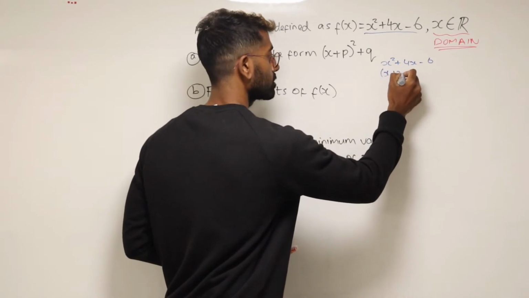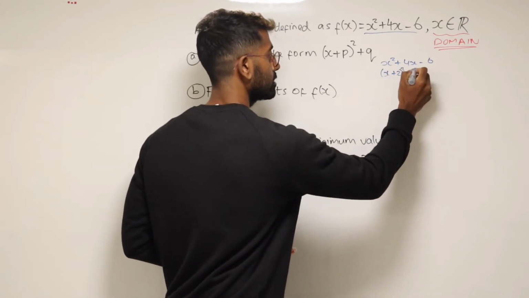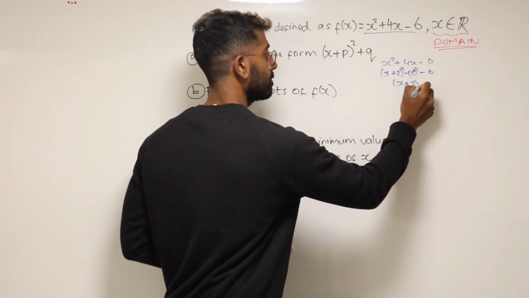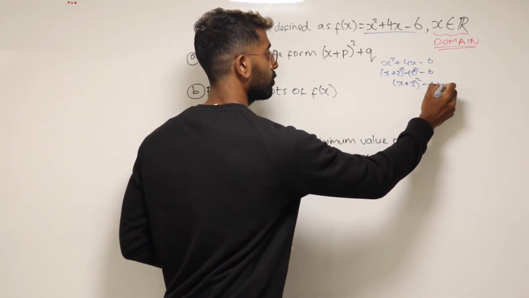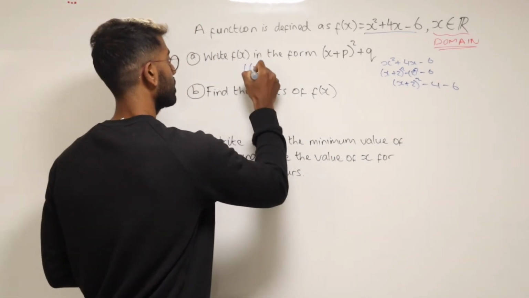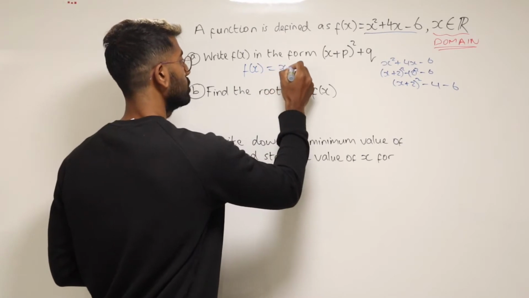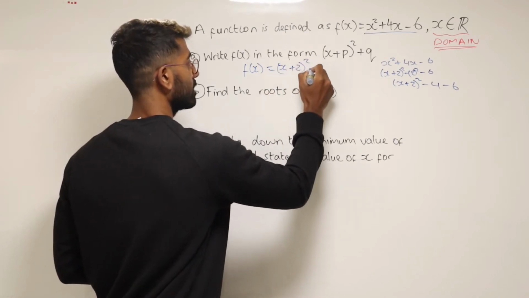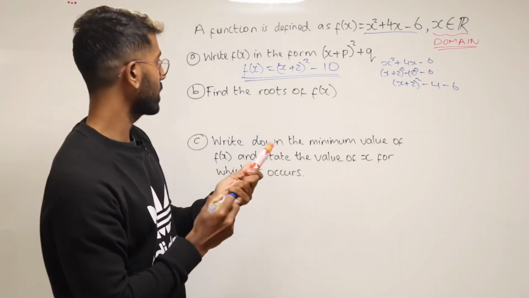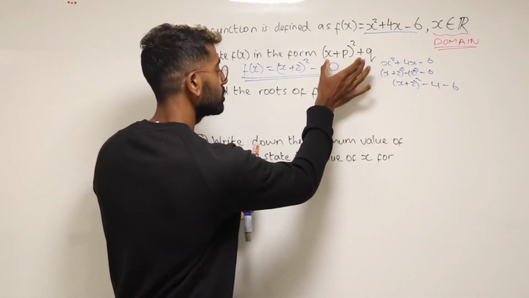So x plus 2 all squared, take away 2 squared, and then minus 6. So we'll have x plus 2 all squared minus 4 minus 6. And if we neaten that all up, we'll have f of x is equal to x plus 2 squared, take away 10. So there we go. We've completed the square, and I've got it in this form now over here.